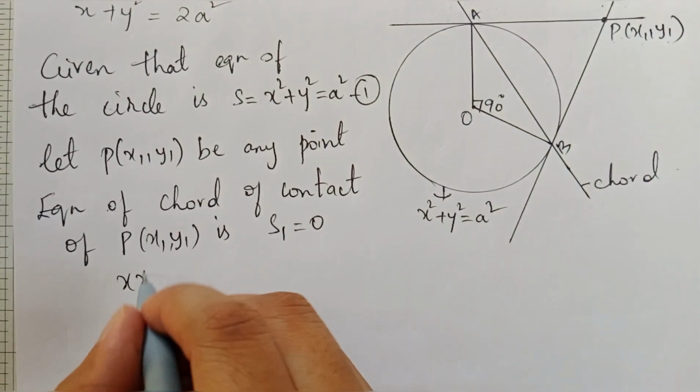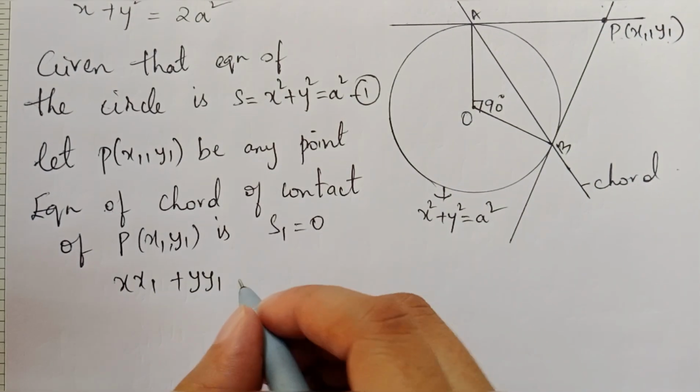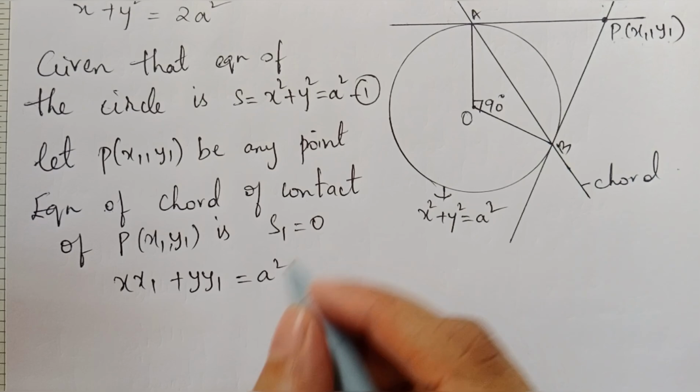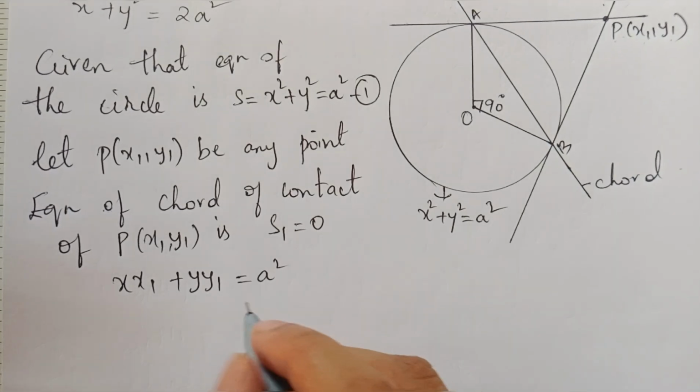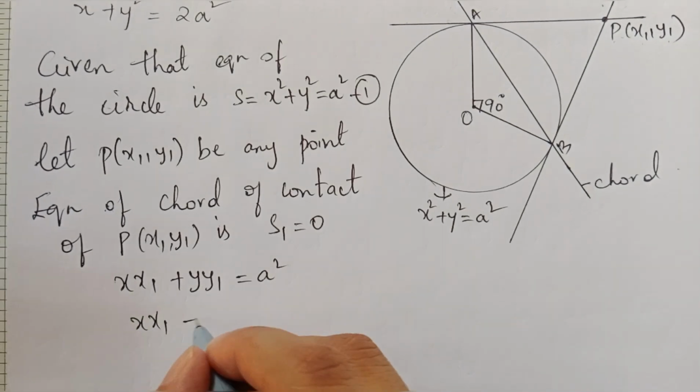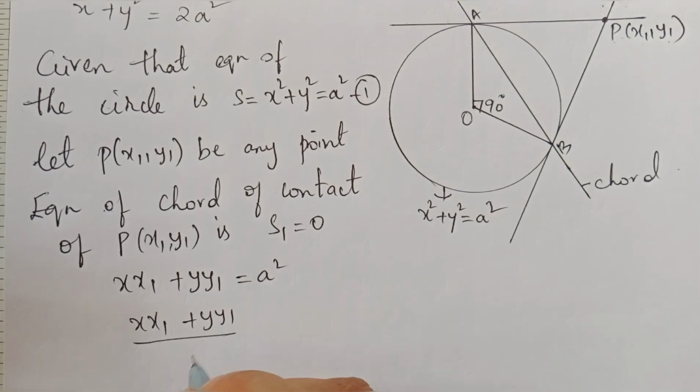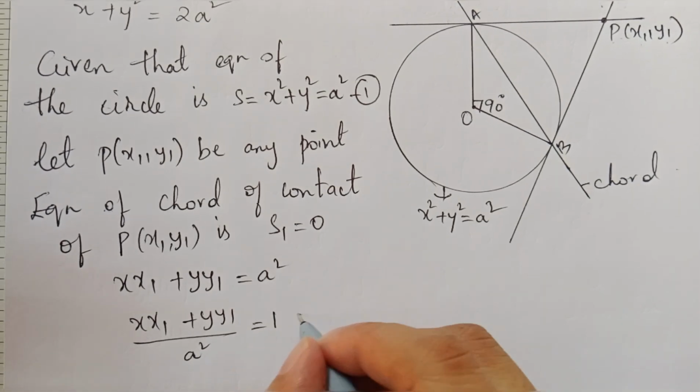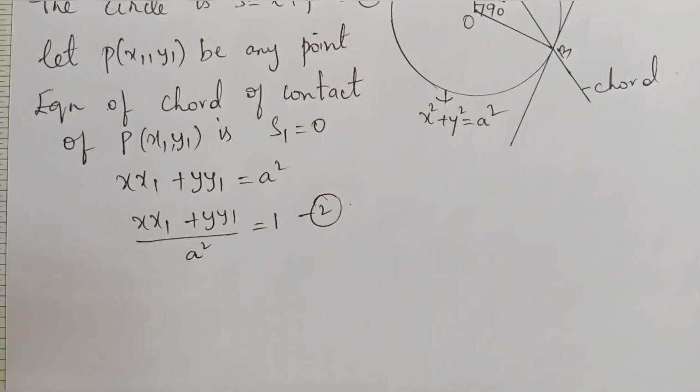So it is x x1 plus y y1 equals a square. Dividing by a square on both sides, we'll get (x x1 plus y y1) by a square equals 1. Take it as equation 2.